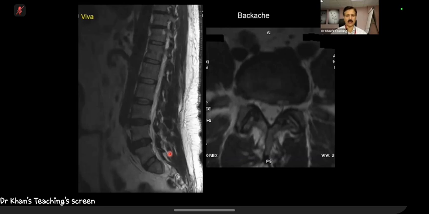Please remember this. It can cause pain. It is not herniation. Basically, in disc herniation, what is happening? If you look here, this is the nucleus pulposus, which is the central part of the disc. And this is the annulus fibrosus, which is black to your eyes.